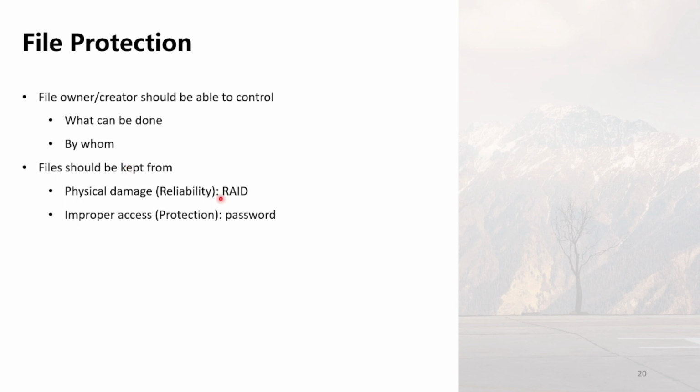Moving beyond access, we must also protect files from physical damage to ensure reliability. This is where RAID comes in. RAID is a way of storing the same data in different places on multiple hard disks.